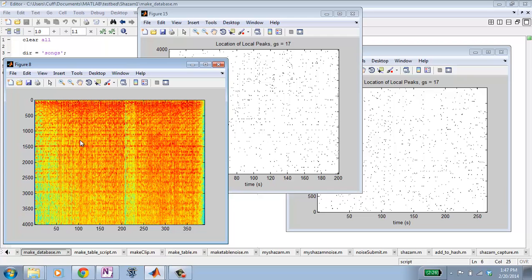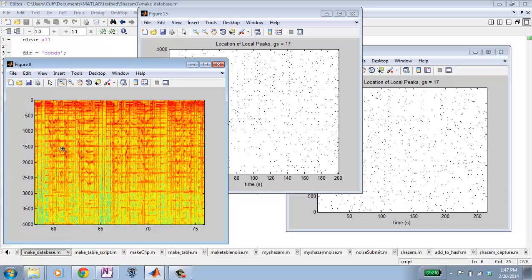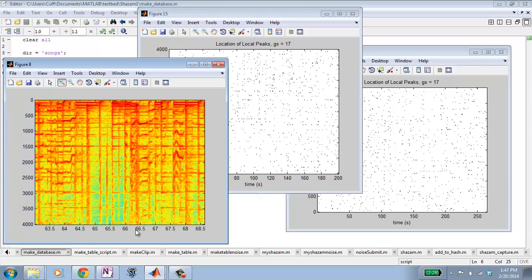Now, this looks really chaotic, but this is a whole song. It's over 300 seconds, like 400 seconds. You would really want to zoom in to a shorter period of time to see something interesting. And now you see what looks like some structure, frequencies changing with time. They kind of move together because instruments have harmonics.